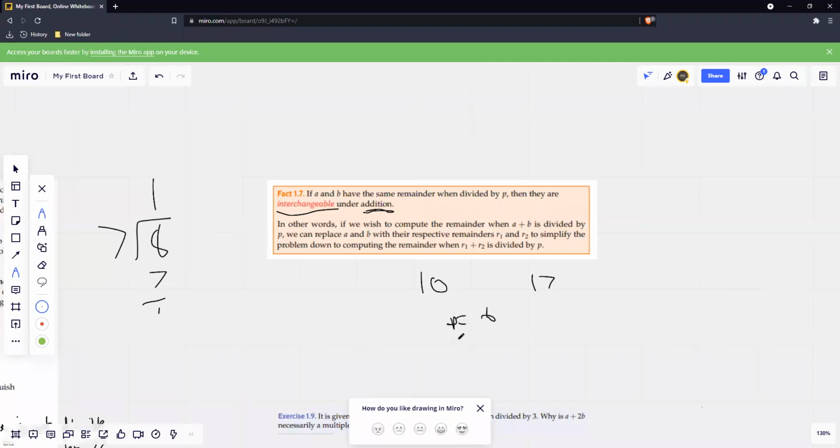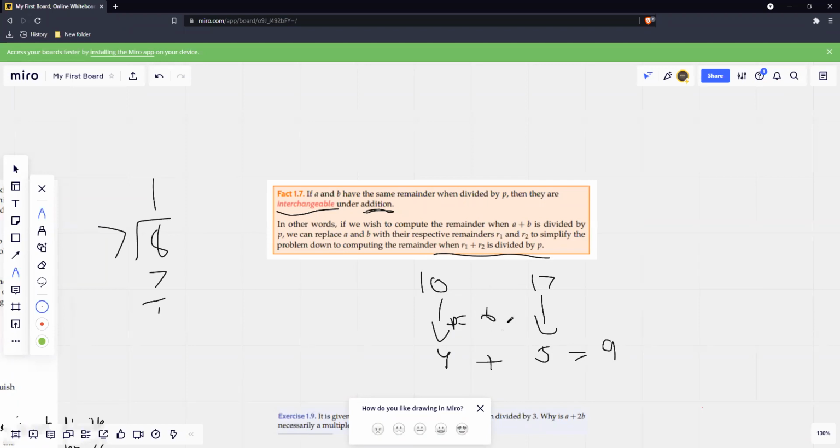Then if we want to find the remainder of this, we can simplify. We know that this has a remainder of 4, and this has a remainder of 5, right? And then these are the remainders, and if we add them, we get 9, right? And then 9 is bigger than 6, so we can do this again.